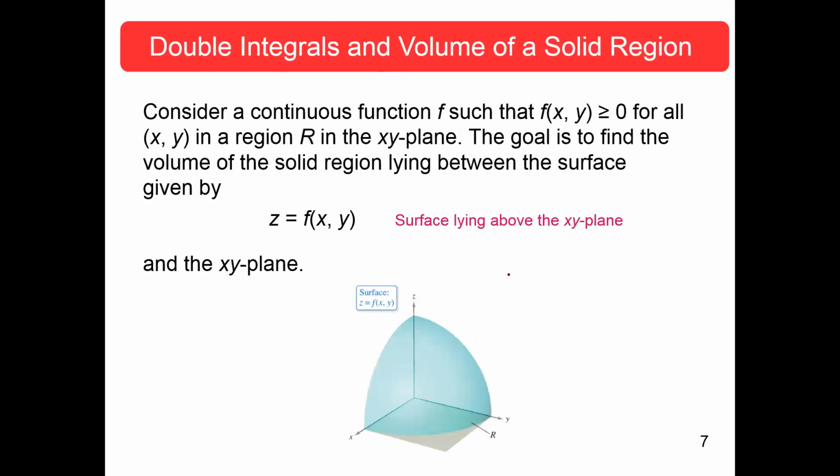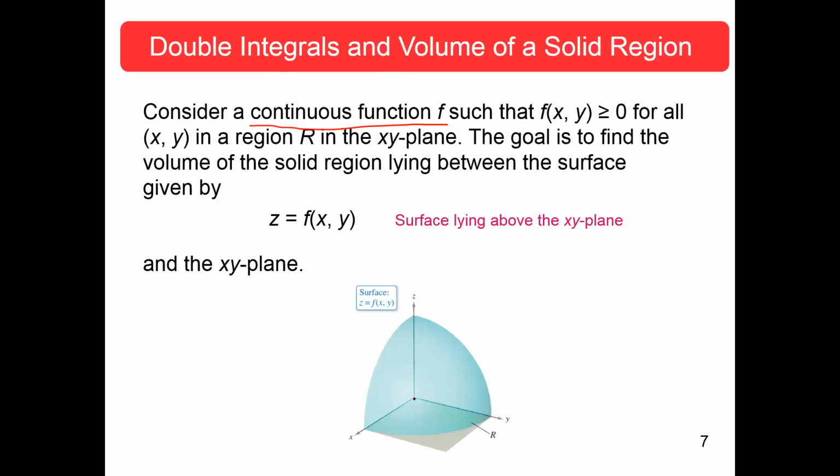Okay, let's look at this graph. Consider a continuous function f, such that z is greater than or equal to 0 for all x, y in the region R. This is region R here, in the xy plane. The goal is to find the volume of the solid region lying between the surface given by z and the xy plane.